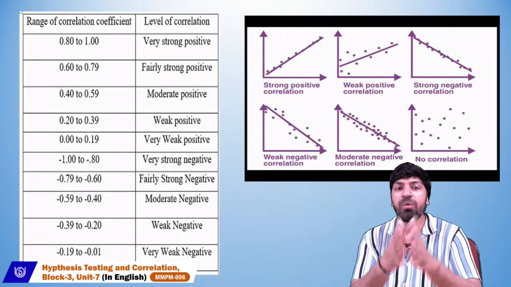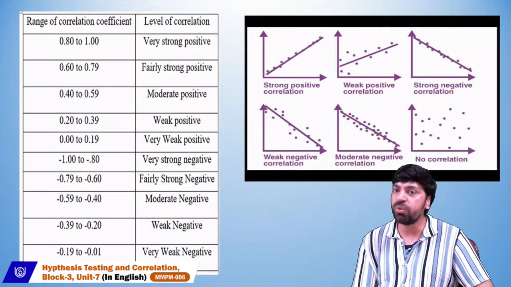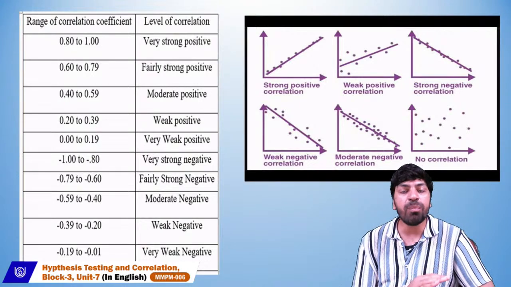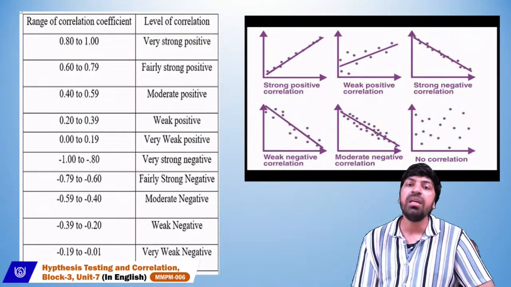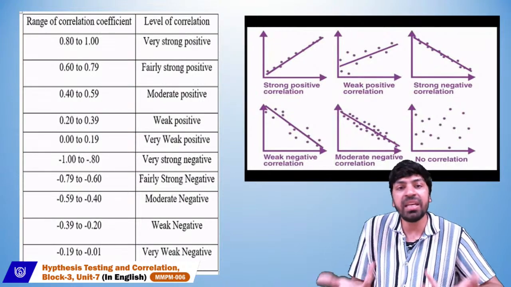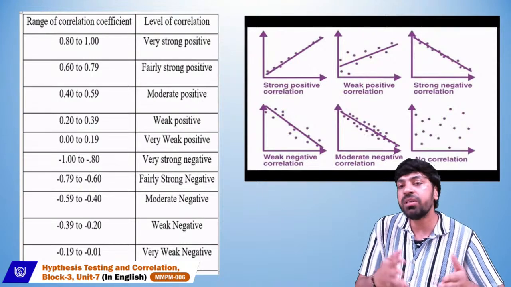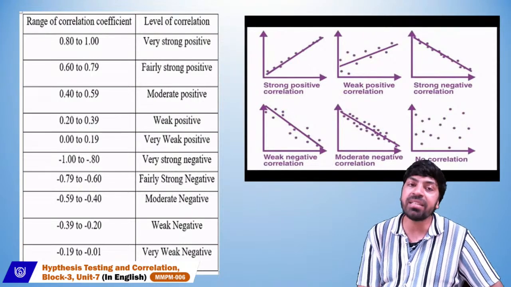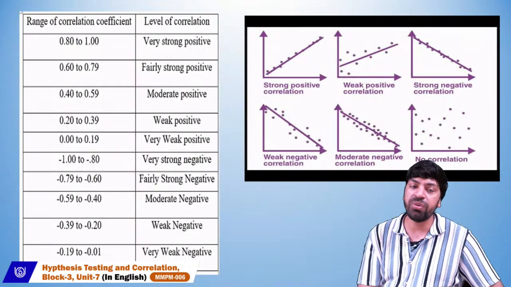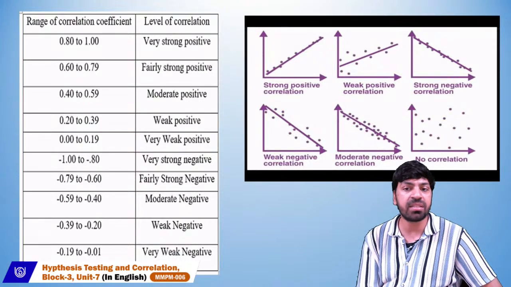These are the six main levels of correlation, which have been shown in the diagram. A strong positive correlation is strongly upward sloping from the origin. In a weak positive correlation, the relationship between the two variables begins from the y-axis. A strong negative correlation is downward sloping from the y-axis to the x-axis.